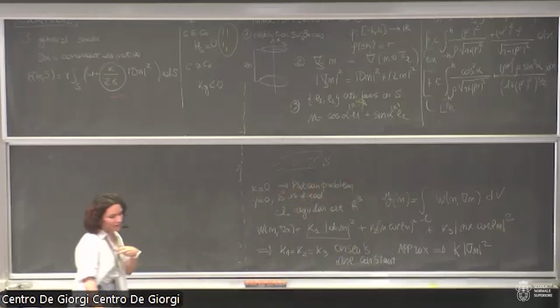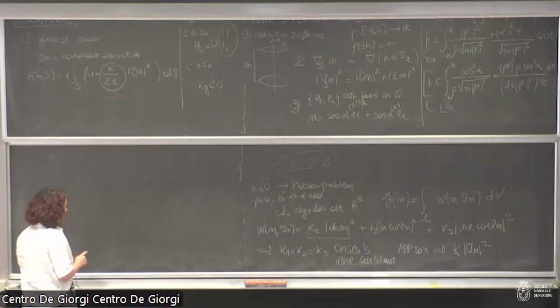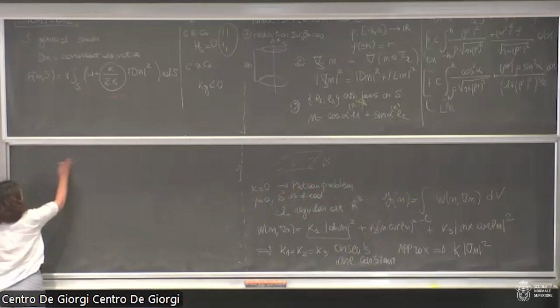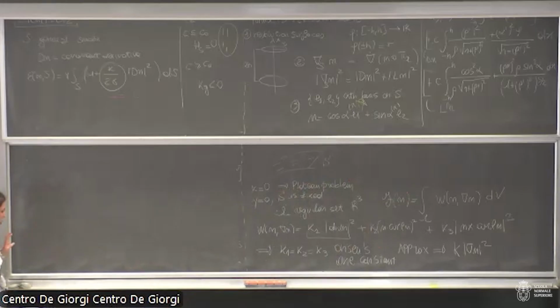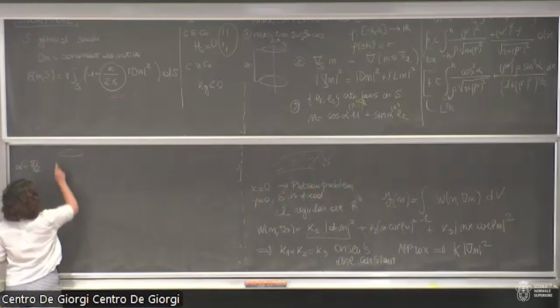And the results, in my honest opinion, are quite interesting, because in solving numerically the Euler-Lagrange equations, they fixed a value of the angle. For instance, alpha equal to pi over 2. So this means that we are requiring that the nematic vector is aligned along the meridians, and the solution looks like that.